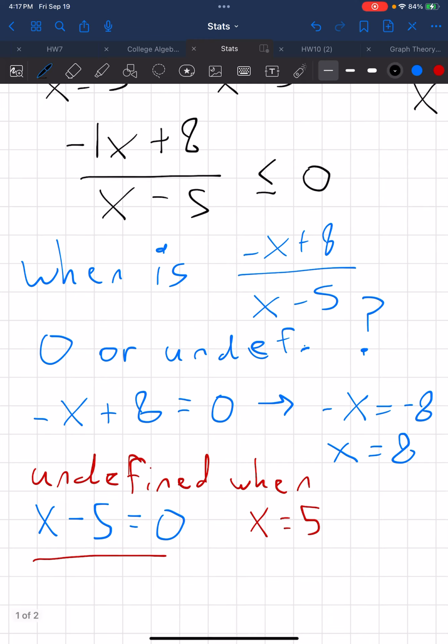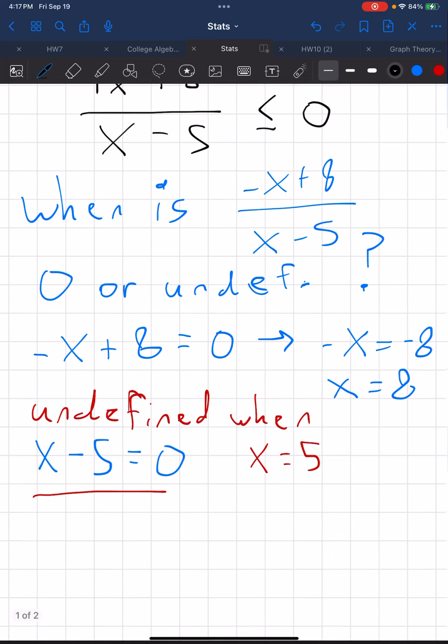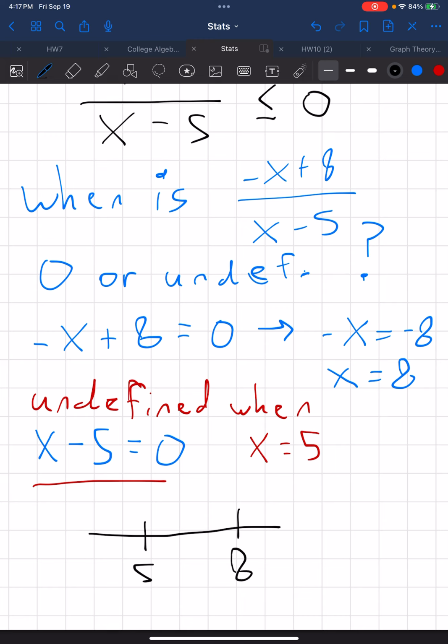So now we have our two key values, 5 and 8. So we're cutting the number line at these 2 points, and I'm going to make my intervals appropriately.